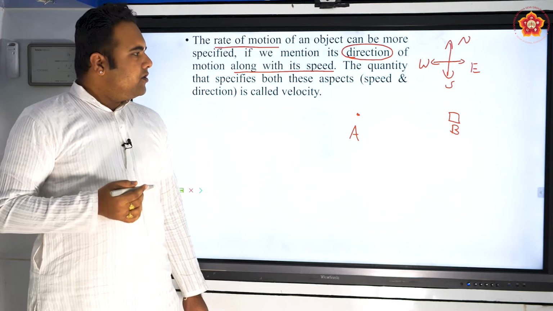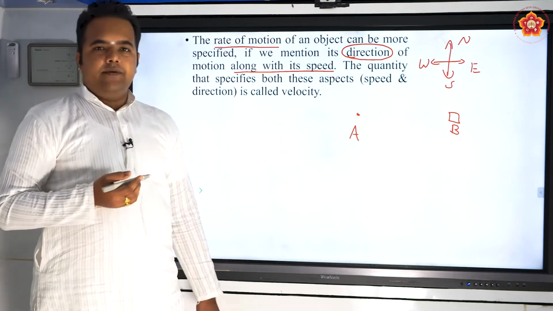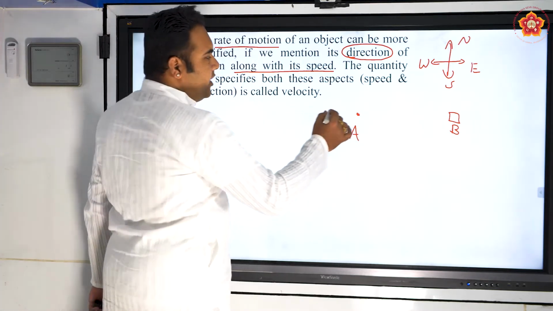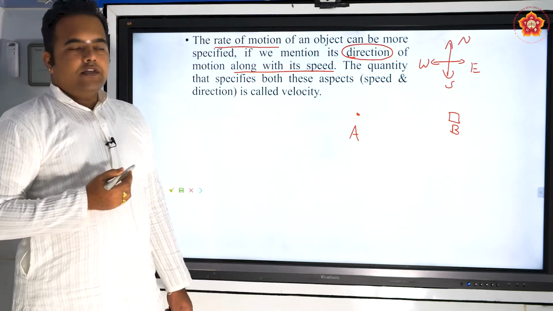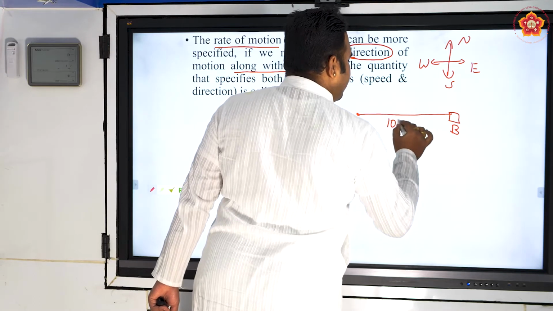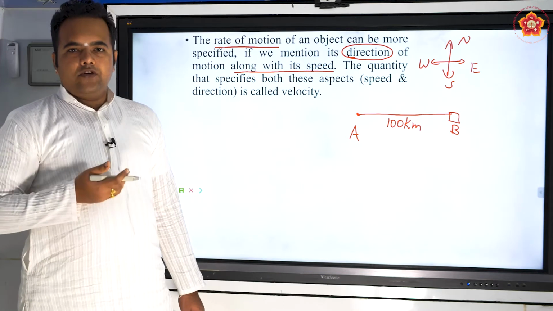When I ask somebody where should I go so that I reach the particular destination B, they say start from point A, wherever you are, head towards right or head towards east, so therefore you get there.